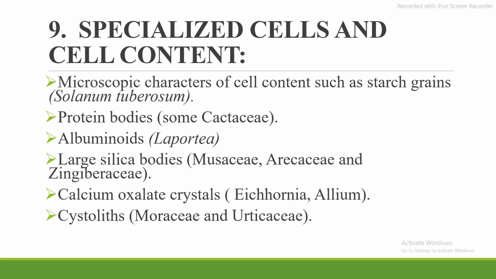Large silica bodies, which are usually present in the Musaceae, Ericaceae, and Zingiberaceae. Calcium oxalate crystals, which are usually found in Eichhornia and Allium. Cystoliths, which are usually present in the Moraceae and Urticaceae.